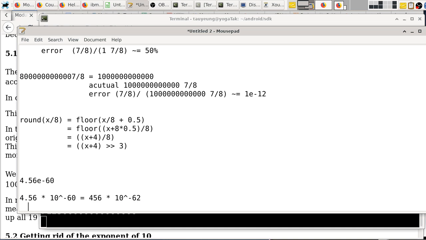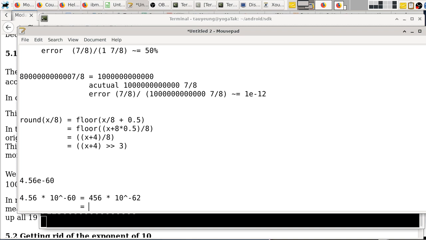But now the question is, I need to do something so that we are decreasing the power of 10. So what can we do to decrease the power of 10? Well, we can divide the mantissa by 10 and then increase the exponent by 1.